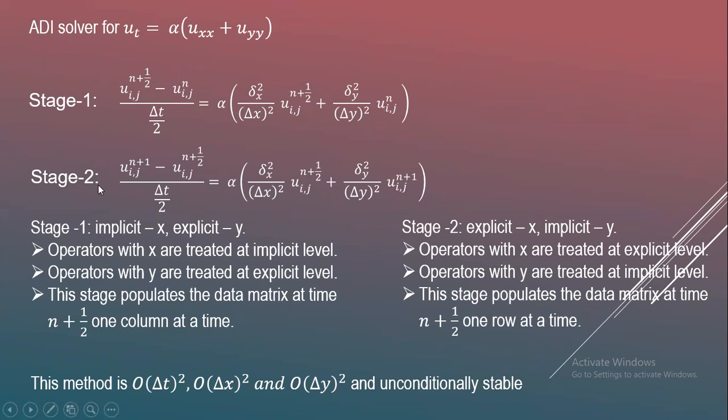And in stage two, it alternates the direction in explicit level and implicit level. So it goes from n plus half to n plus 1.